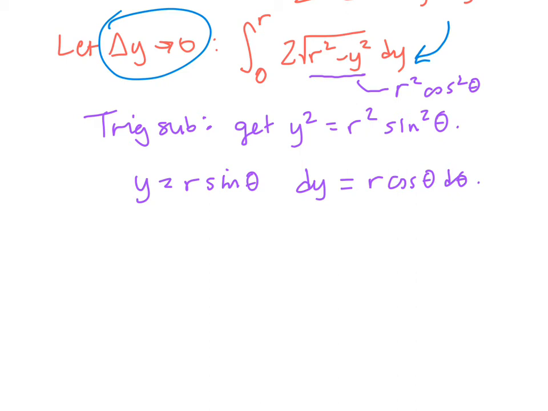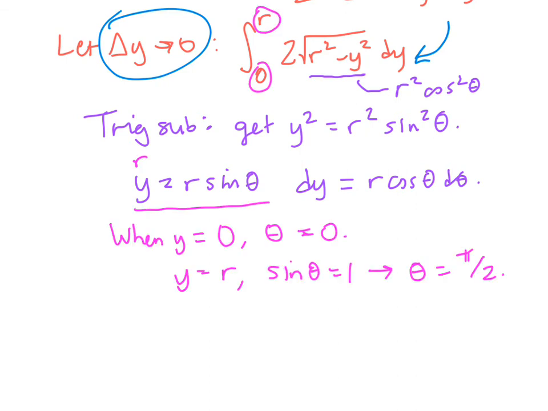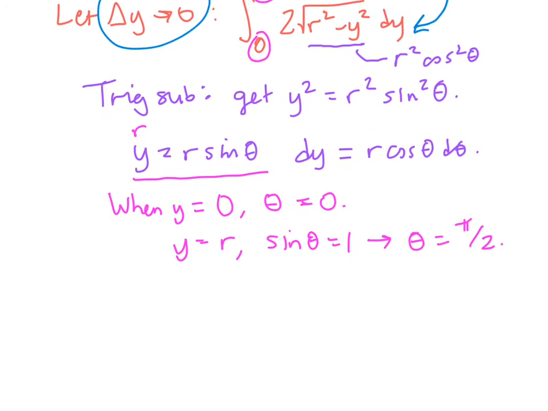When y is equal to 0, I think I can make that happen by having theta equal to 0. And if I want y to be r, then that could probably be accomplished. Now take a look at this. If I want y to equal r, then I need sine theta to be 1. So that means that I need theta to be pi over 2. So I'm going to have theta going from 0 to pi over 2 here.